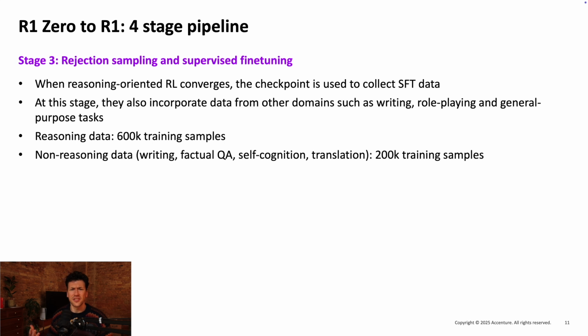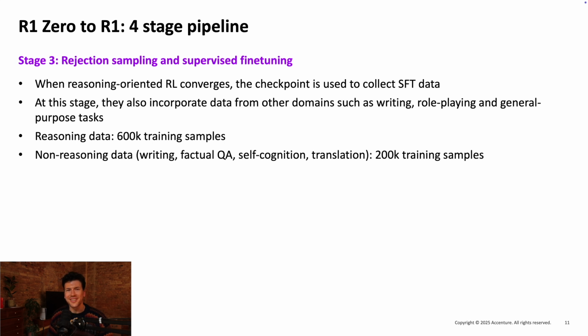How often do you give an LLM a math problem? Usually not that often. Maybe sometimes a coding problem, but other problems are very important as well. So for this step, they also used non-reasoning data and used supervised fine-tuning again.